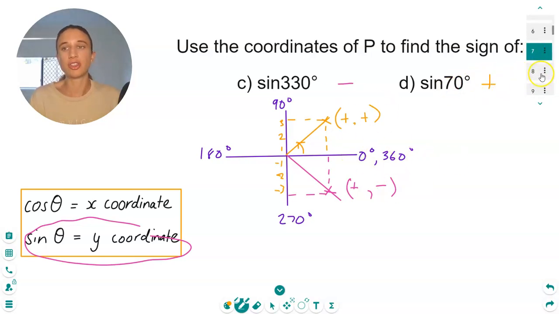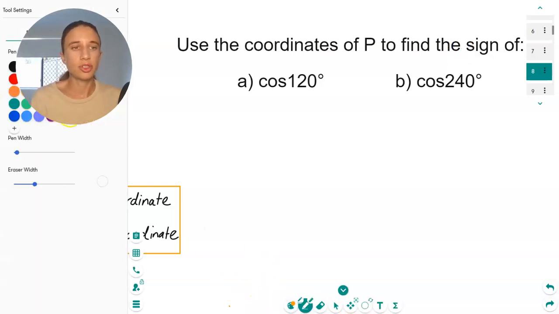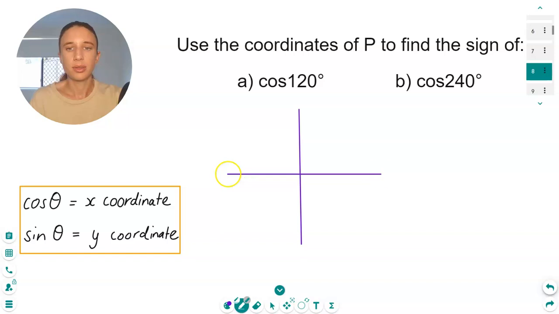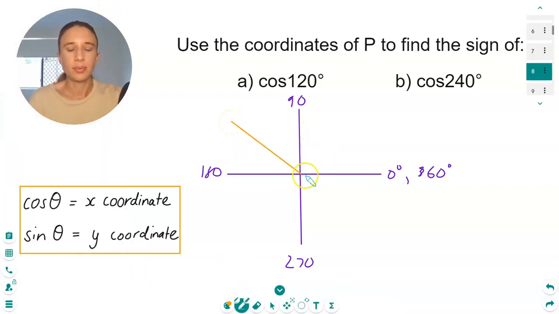Now there's a quicker way to do this, and I'm going to show you very soon. Let's check this out. Use the coordinates of P to find the sign of cos 120, and we'll just quickly draw up a thing. That was a bit wonky, wasn't it? 0, 90, 180, 270, and back to 360. Cos 120. So I know that 120 lies between 90 and 180, right?